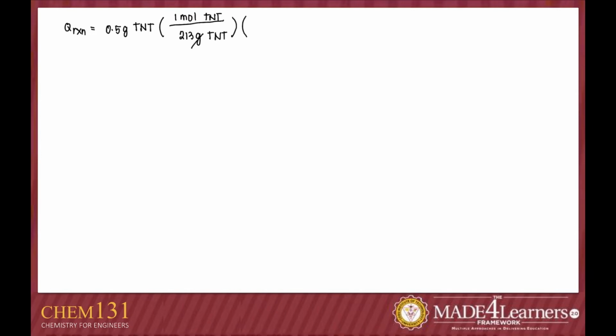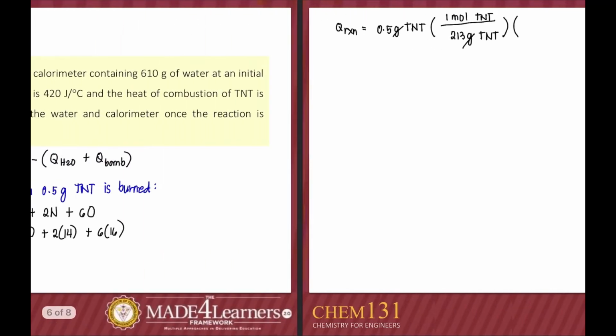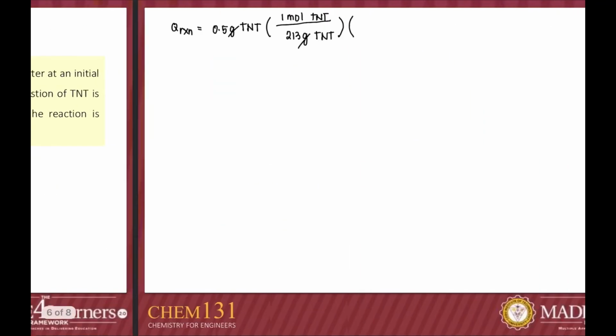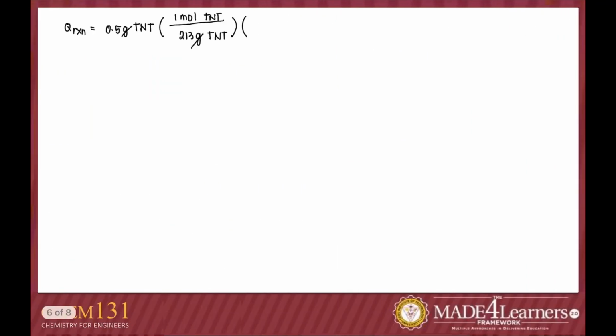So na-cancel si grams. And gihatagan man ta og heat of combustion ni TNT. Nga for every 1 mole kuno of TNT burned, there's 3374 kilojoules of heat nga ma-release. So we're going to use that here. 3374 kilojoules of heat released for every 1 mole of TNT.